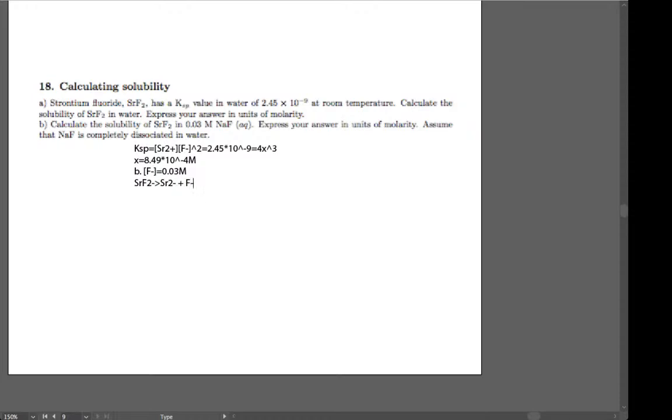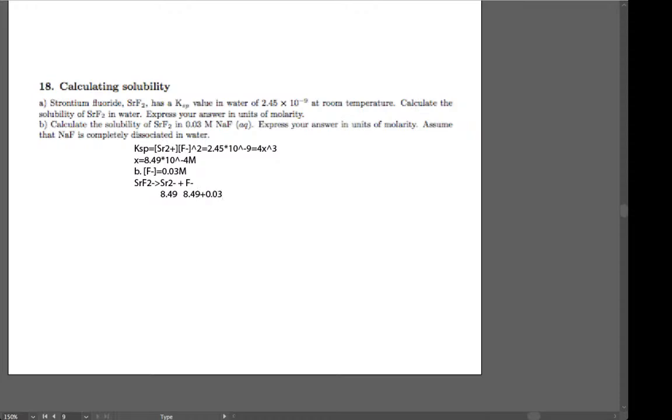So we can just use ICE. First thing, it was solid, and then from the equilibrium it's 8.49, and then that's 8.49 plus that other concentration.